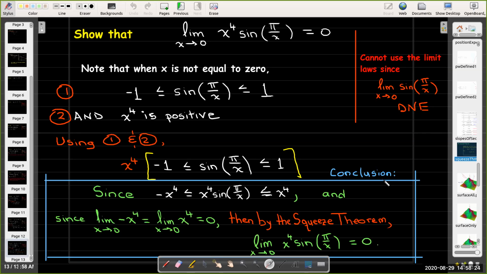And how do I write that? And pay attention here, this is important. We want to make sure that we're using good mathematical language with proper English.